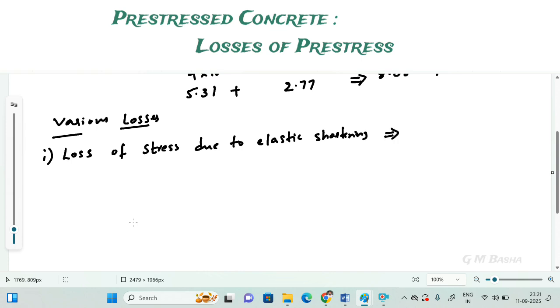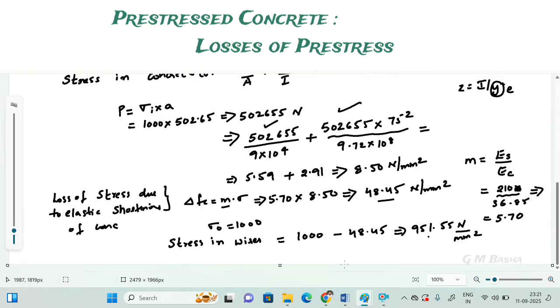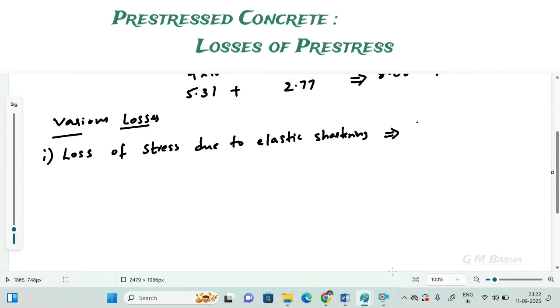That one will be equal to, we know before only we calculated. That is how much? See in this page, 48.45 Newton per mm square. That is the same loss only. 48.45 Newton per mm square.